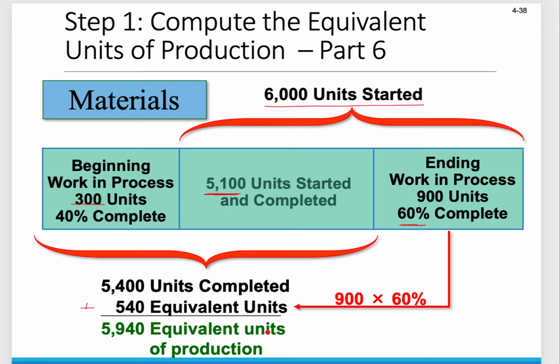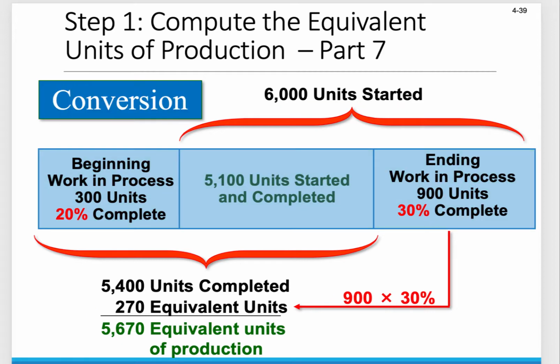Again, just a different way to look at it. We can do the same thing with the conversion costs. Again, we started 6,000 units. That's how much was started. But we started off with 300 units that were 30% complete with respect to conversion costs. We transferred out and completed 5,100 units, and that's how we got our 5,400.